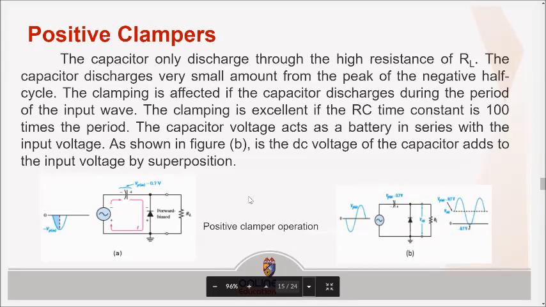In the positive clamper, the capacitor only discharges through the high resistance RL, so the capacitor discharges a very small amount from the peak of the negative half cycle. The clamping is affected if the capacitor discharges during the period of the input wave.